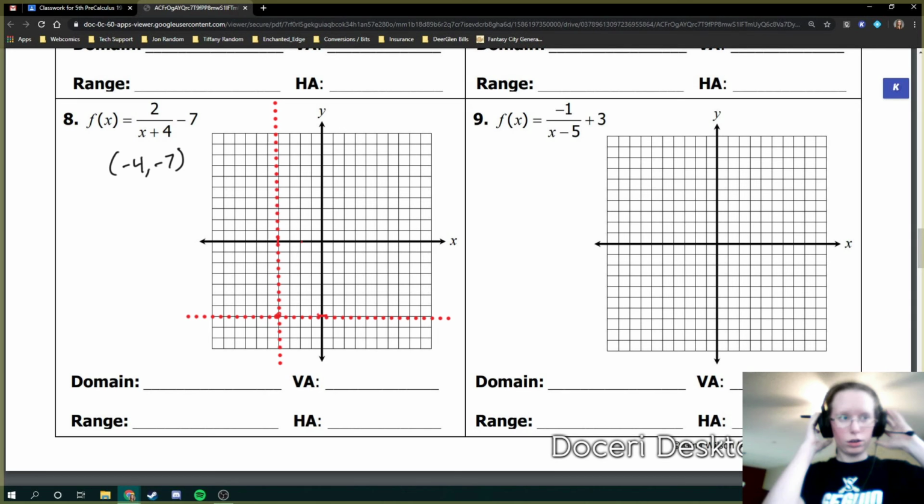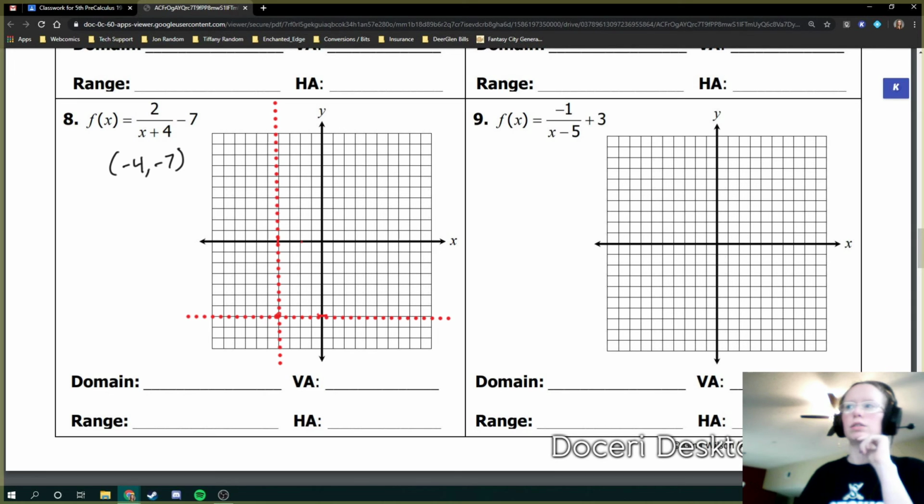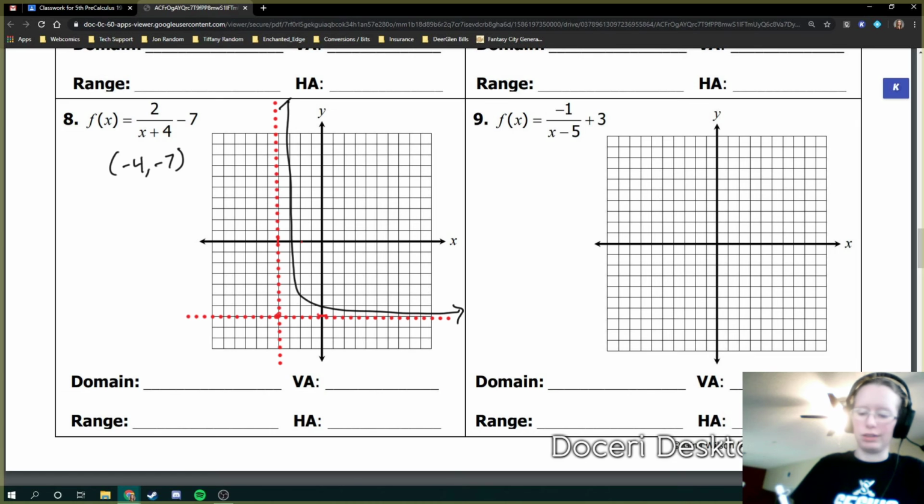Okay. And then it's being stretched by 2, but it isn't causing any reflections or anything. So it's going to be in quadrant 1 and quadrant 3-ish. Technically hits all the quadrants, but assuming that to be like our new origin.